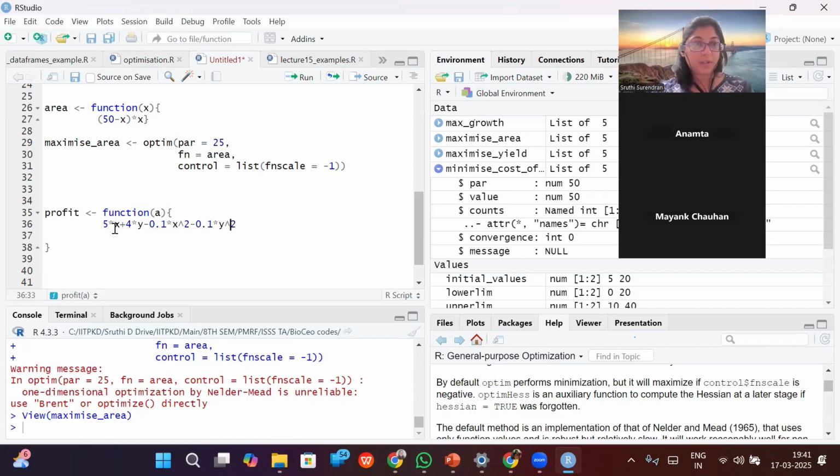So this is our function. Now x is equal to the first element of a, and y is equal to the second element of this set of variables a, and the function that you want, you will write it in return. Okay. So now we define the function.